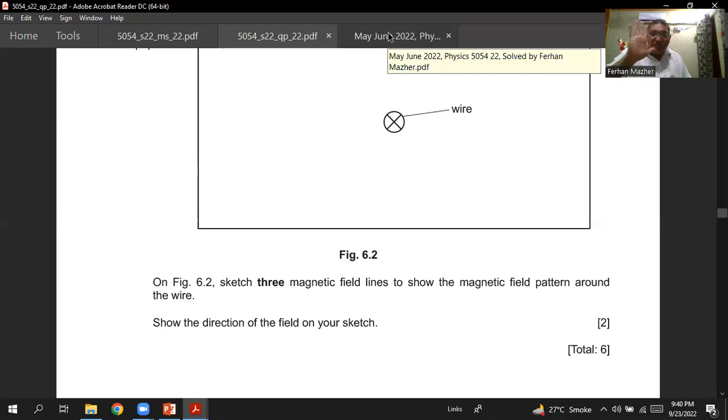So the current is going into the screen, and the curls of the fingers of the right hand show me the direction of the magnetic field. From where I'm watching, it will be clockwise.